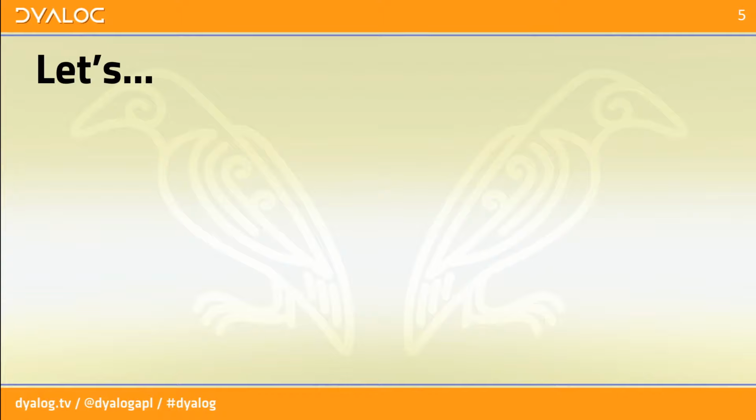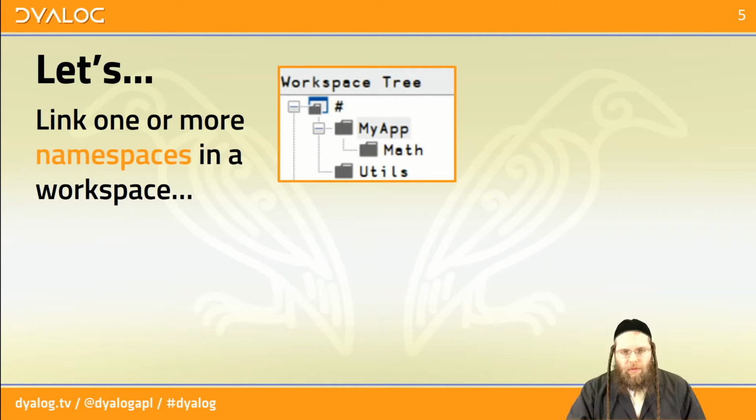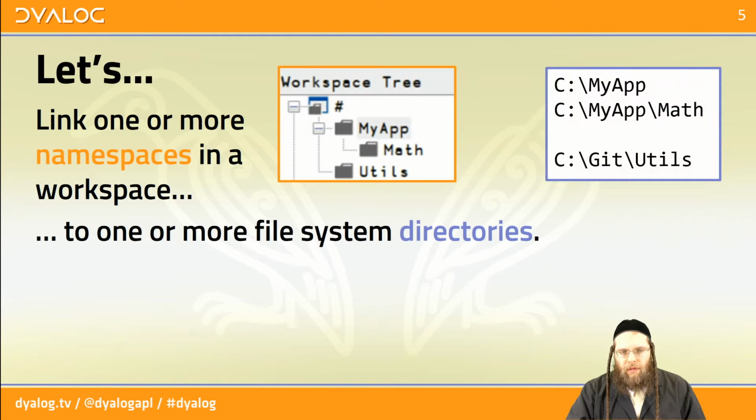So what we're going to do now is take our workspace with several namespaces in it, and we're going to have some directories that are on the file system, and we're going to link those up.